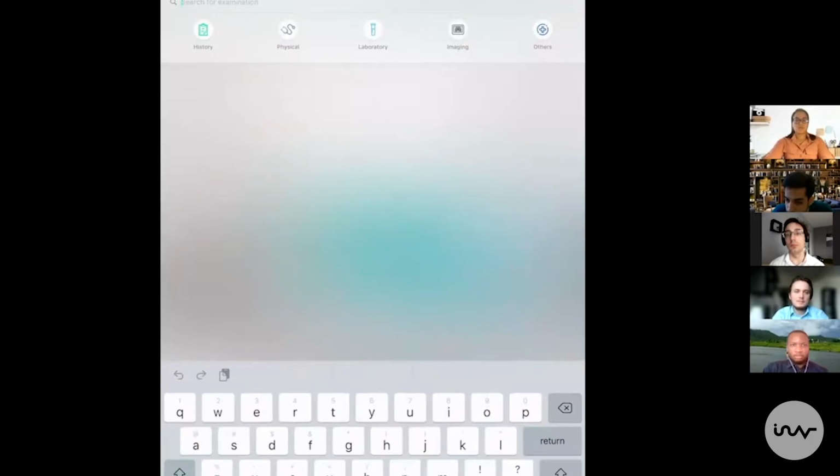Now, at this screen, you can start with the history of the patient, and this is a suggested way of doing the examinations. History is simply asking the patient to tell his symptoms and history, and then you can examine him physically. With a virtual patient you cannot really examine physically, but by the physical tests you will get results, and then you can move on to the laboratory tests, and finally imaging and other tests.